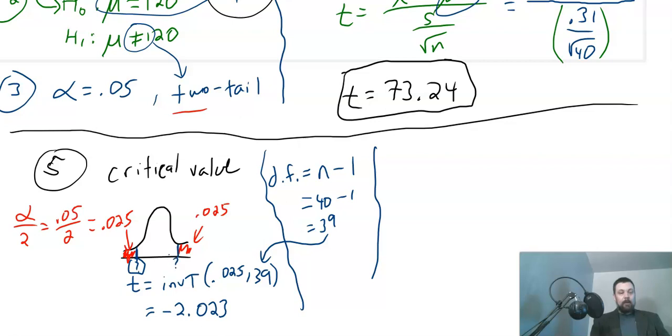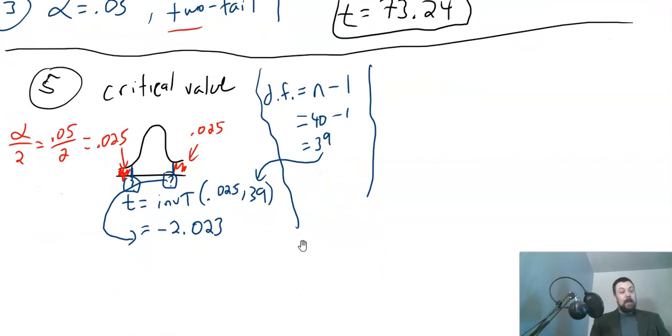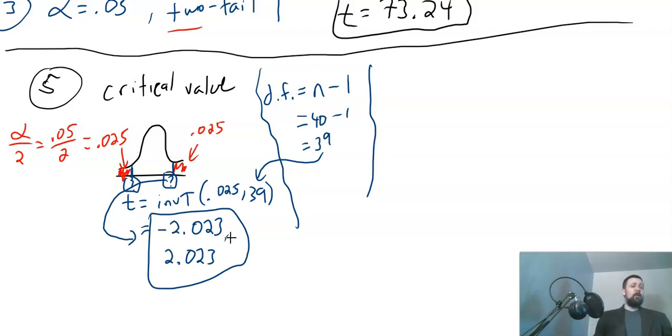For the right tail, it also has a critical value associated with that area, but because of the symmetry, we know it's going to be the same number, but positive, so also positive 2.023. So these will both be my critical values. I don't have to recalculate the second one. It's the same number, but because it's in the right tail, it's positive.